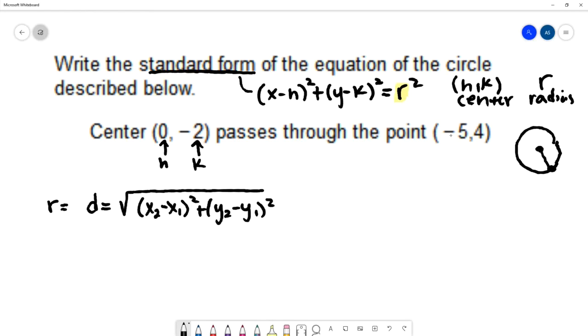I'll use my center as x1, y1, and I'll use the point as x2, y2. It doesn't matter which one you let be x1, y1, x2, y2.